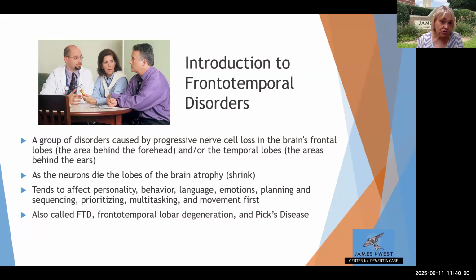With other dementias, we tend to see the atrophy or the shrinkage at about the same rate. The brain's beginning to atrophy. What's very different about FTD, and we're going to look at some scans in just a minute, is where we're going to see the shrinkage or the atrophy is right here first.